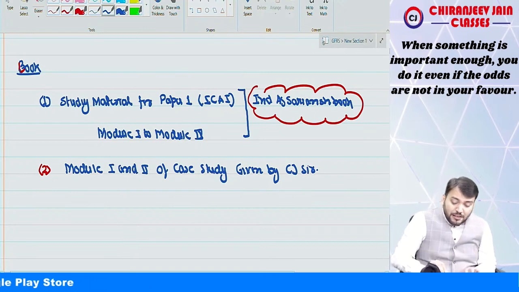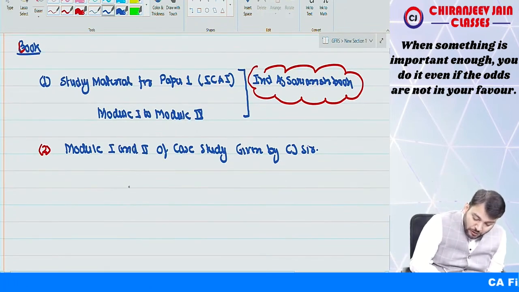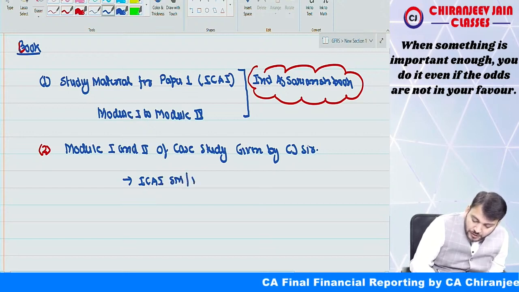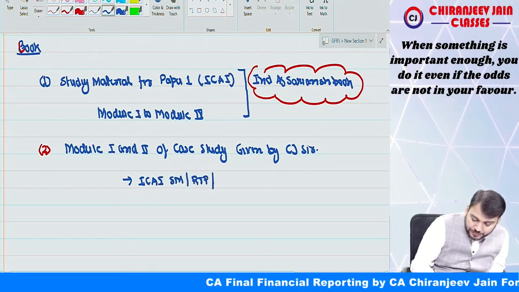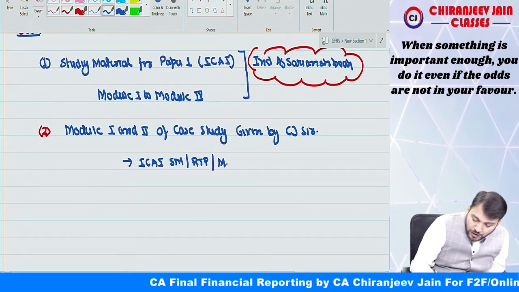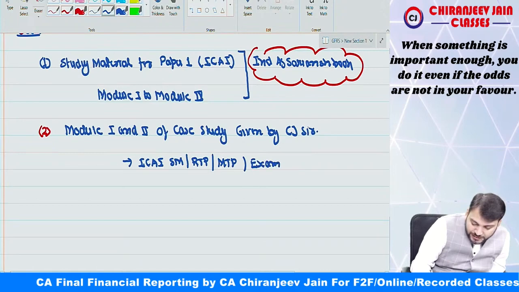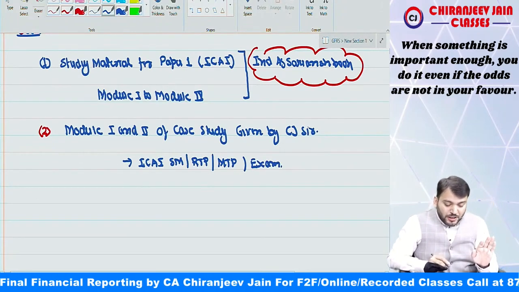Correct? This will include all the case studies which have been given by ICAI in the ICAI study material, revision test paper, model test paper, and in exams. I hope you understood.